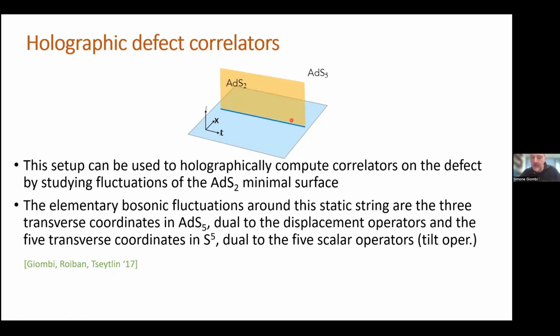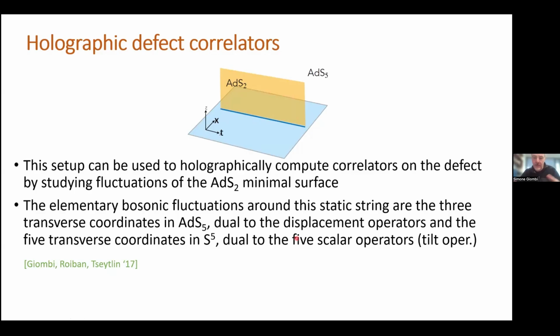The fluctuations of the transverse coordinates are dual to operator insertions on the line defect, and you can study correlation functions in that way. In particular, the transverse fluctuations within AdS, there are three transverse directions, are dual to the displacement operators from the point of view of the line defect at the boundary. And the fluctuations of transverse coordinates in the S5 sphere are dual to the tilt operators.